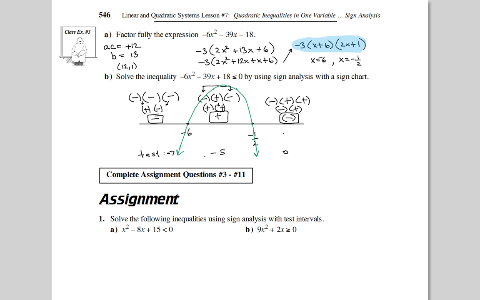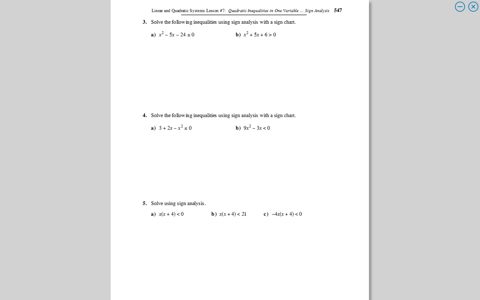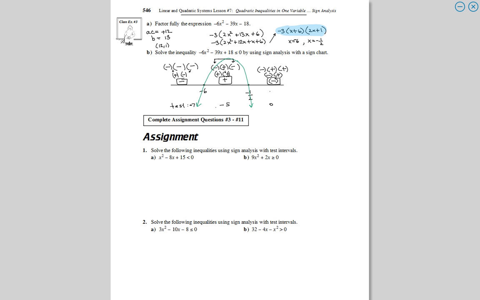Okay, folks, this time for homework, problems 1 and 2. It's saying sign chart, and it's saying test intervals. Just do it the way I was showing you. Draw a number line and do the testing. On the test, you're going to get those charts, though.